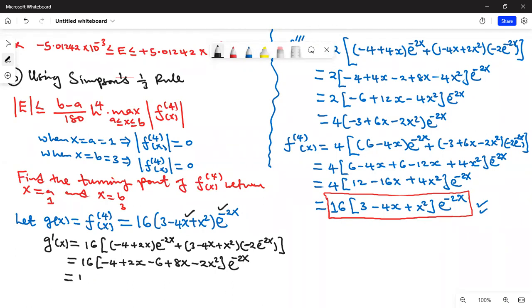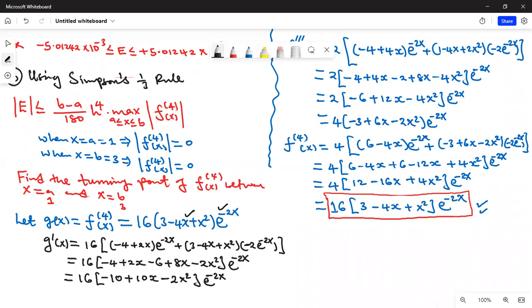Or 16 times, that's negative 10, then plus 10x minus 2x squared, exponential negative 2x.